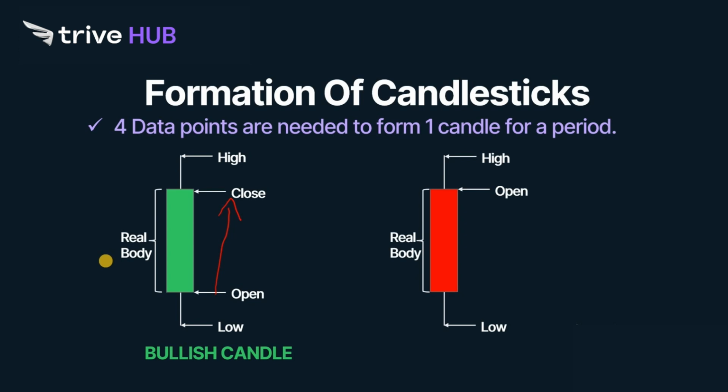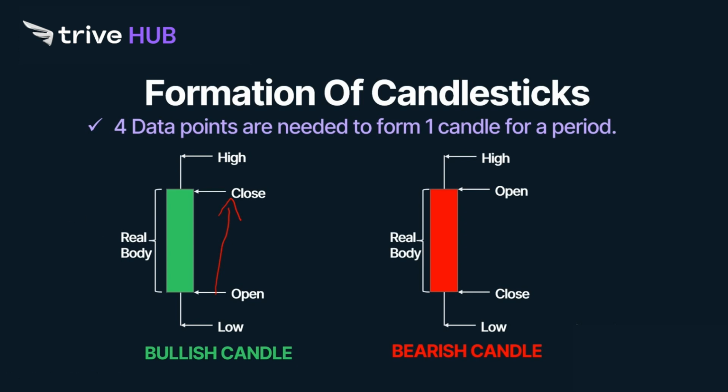They sold and pushed the prices down all the way to this low, and then finally when the price closed, it came a bit up and then finally closed here. So this makes a full bearish candle, which shows a negative movement in the price chart.